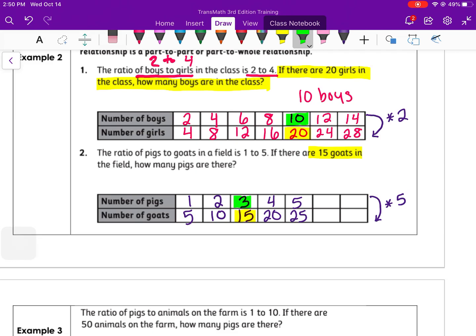That means there are 3 pigs. In the first one, it started with 2, so every time I went to the next spot in the table, I counted by 2s: 2, 4, 6, 8. This one started with 1, so when I moved to the next spot in the table for number of pigs, I just counted by 1.